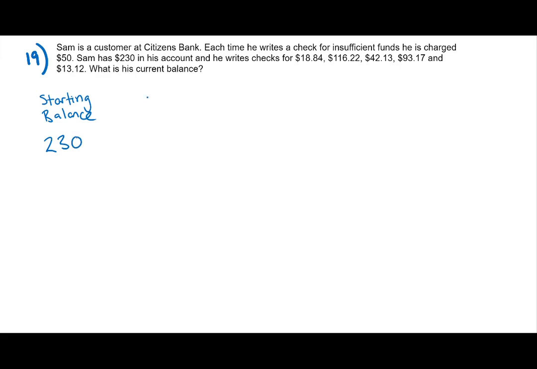Then he writes a check. So let's look at just this first check, $18.84. Now, there may be a fee if he has insufficient funds. For this first check, there's no fee because he has enough money in his account to cover the $18.84.